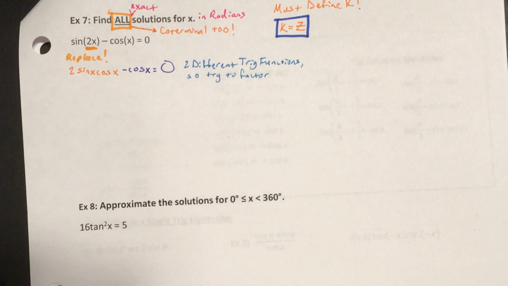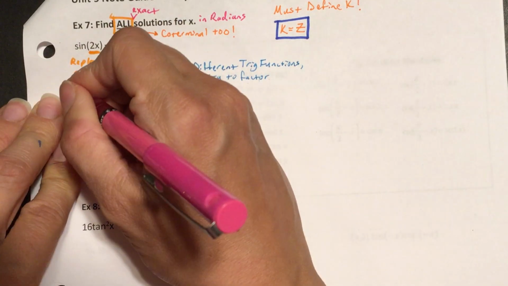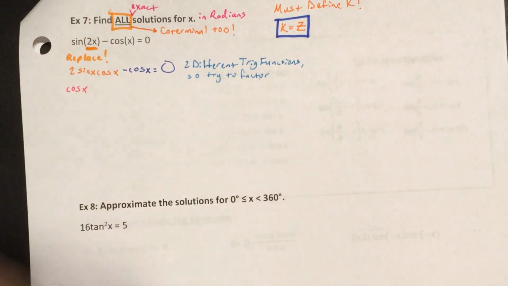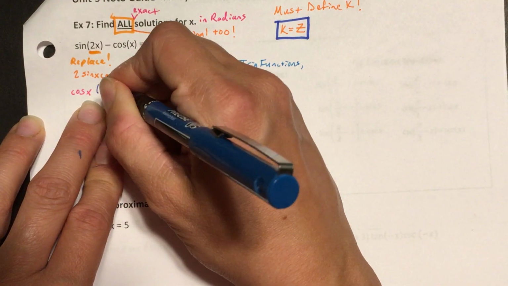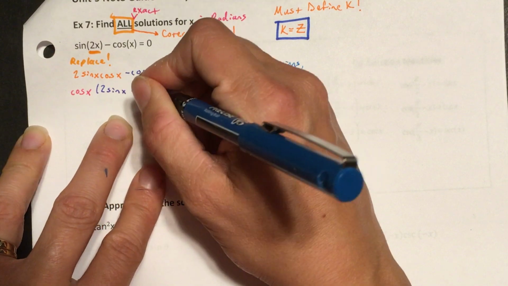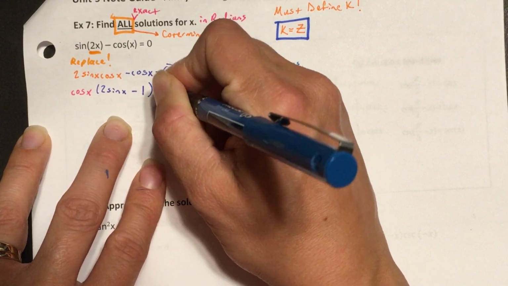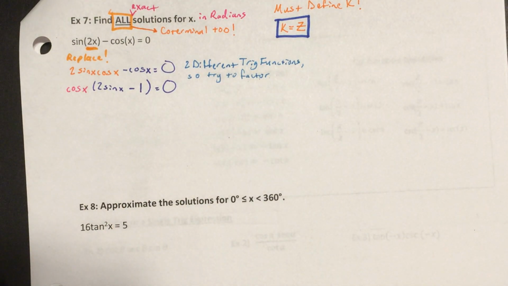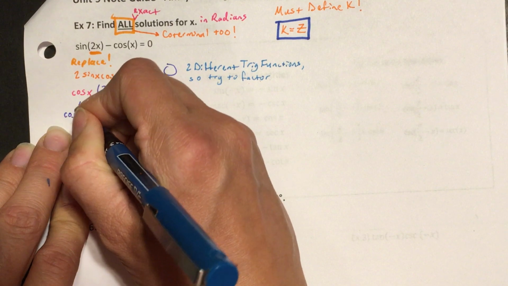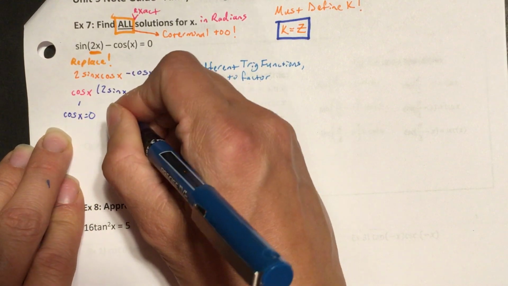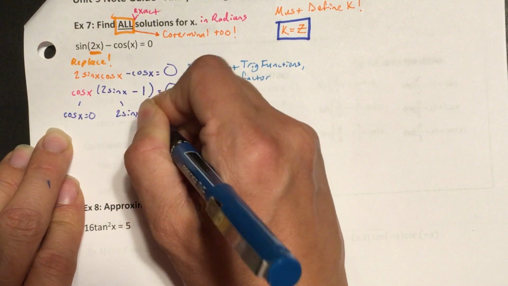Yes, we can actually take a good old GCF out of both by taking out a cosine x. So take out a cosine x, and that leaves me with 2 sine x minus 1 equals 0.